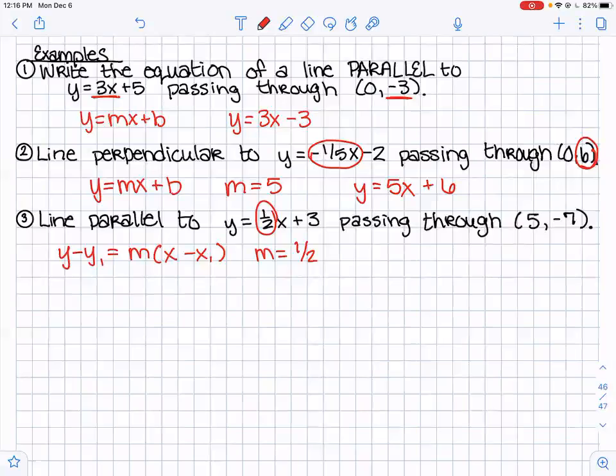This one's parallel. Okay, so what is y1, guys? What's the y value? -7. So if I have minus -7, that's actually plus 7, right? Equals, what's my slope? 1/2 times x minus, what's the x value? 5.